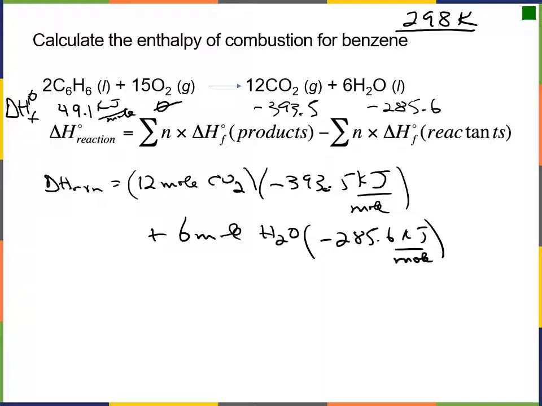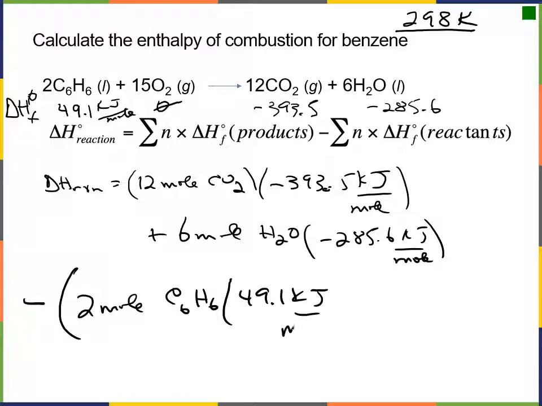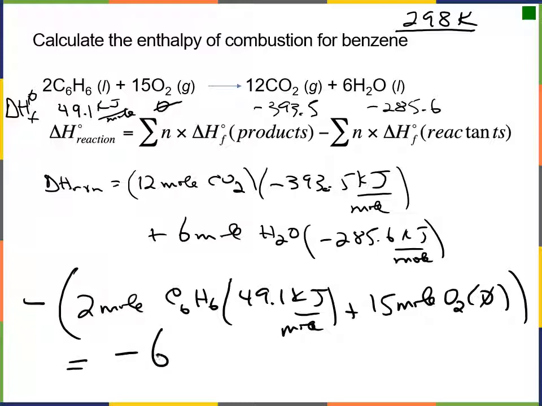And that's going to give us our products. We are going to subtract our reactants, 2 moles benzene multiplied by 49.1 kilojoules per mole, plus 15 moles of oxygen multiplied by 0. Final minus initial, products minus reactants, remembering to get the number of moles. If you finish the math, you're going to get minus 6534 kilojoules.